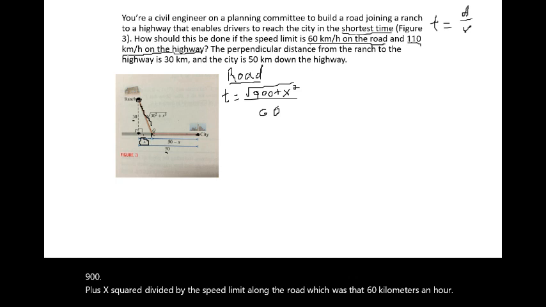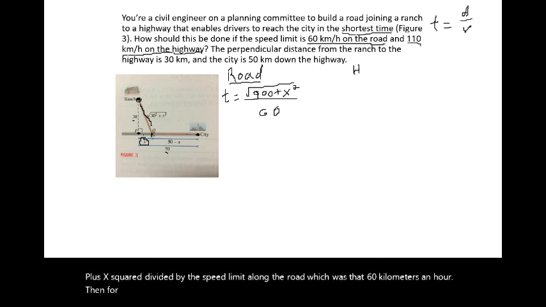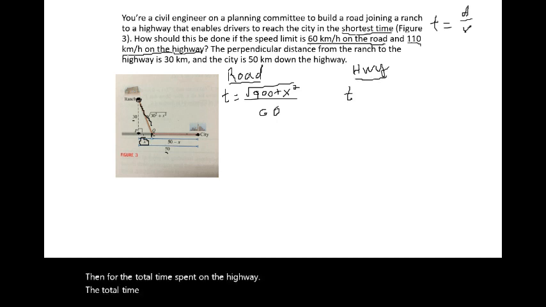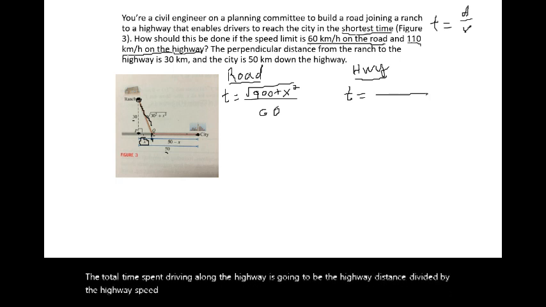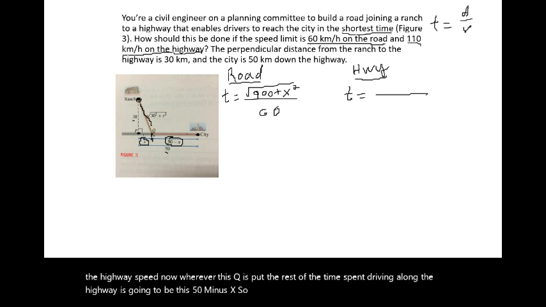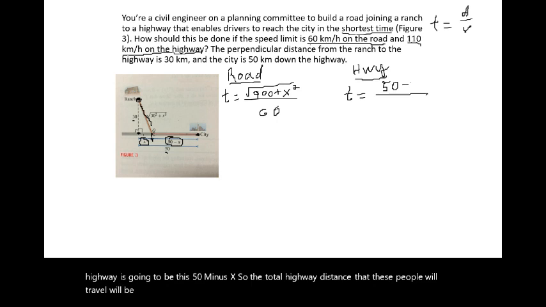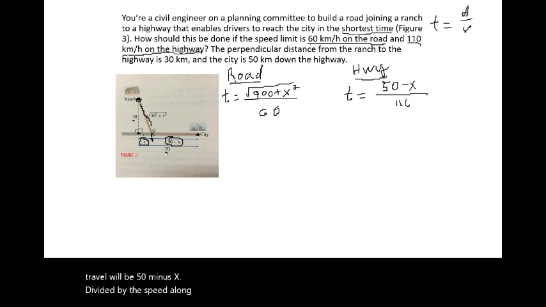Then, for the total time spent on the highway, the total time spent driving along the highway is going to be the highway distance divided by the highway speed. Now, wherever this Q is put, the rest of the distance driven along the highway is going to be this 50 minus x. So the total highway distance that these people will travel will be 50 minus x divided by the speed along the highway, which is 110.